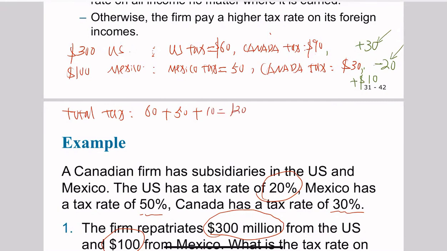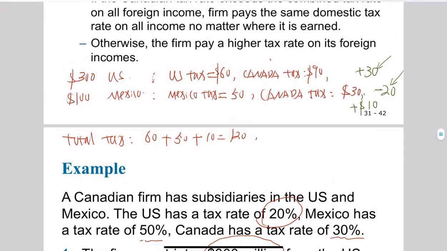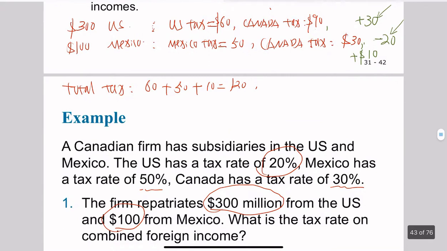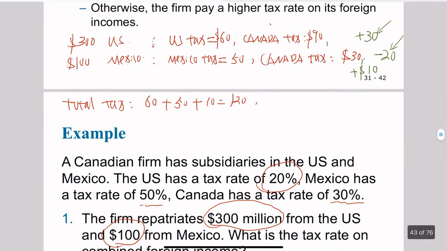So it's 120. The firm repatriates a total of $400 million and has to pay $120 million, so the tax rate would be the amount of tax divided by the total income. So it's 30%.